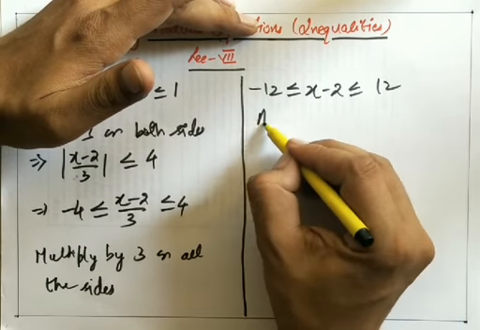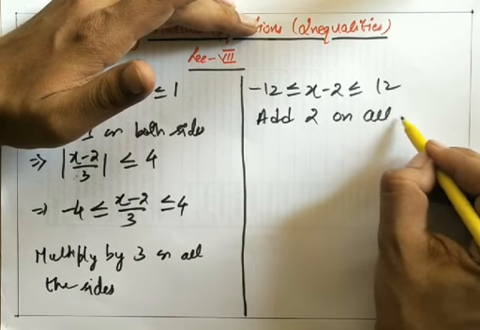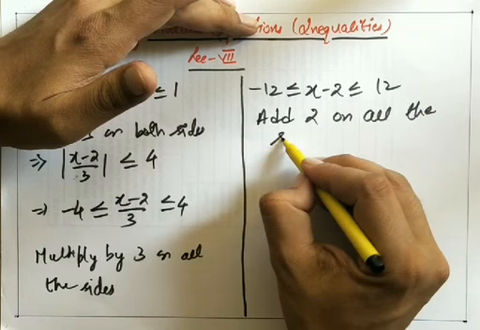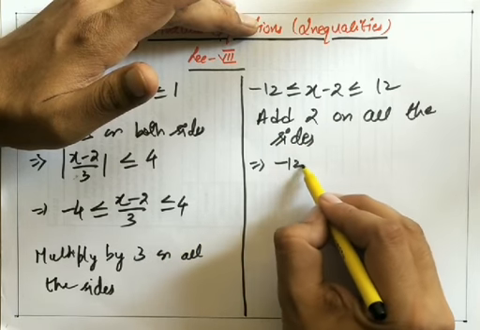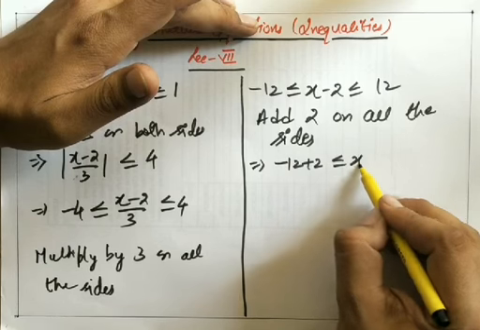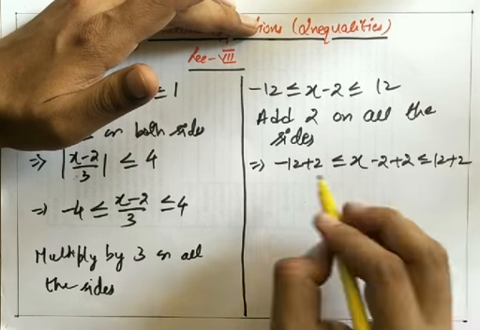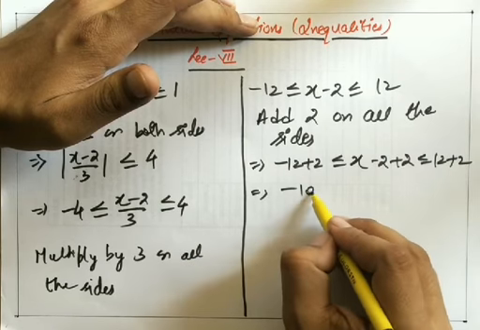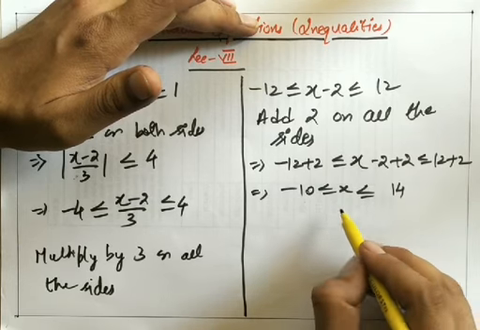Now let us add 2 on all the sides. So it will give minus 12 plus 2 less than or equal to x minus 2 plus 2 less than or equal to 12 plus 2. So that means this is minus 10, this will be only x and this will be 14. This is the answer to this question.